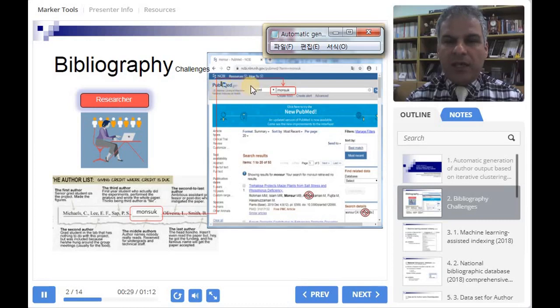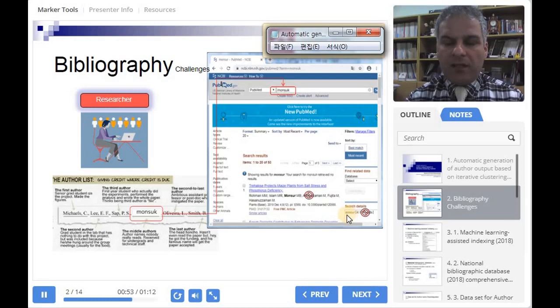By searching author name in a database, results are not very welcome. Ambiguous names is the most challenging issue for a researcher.